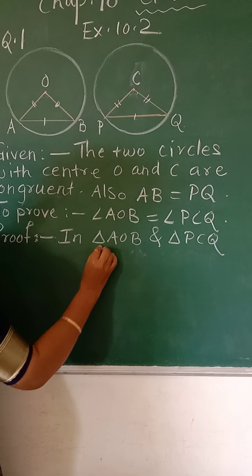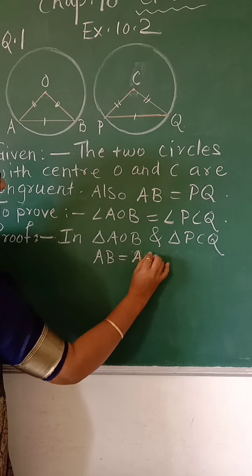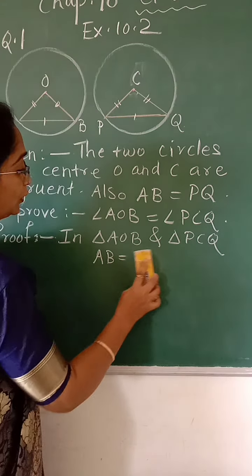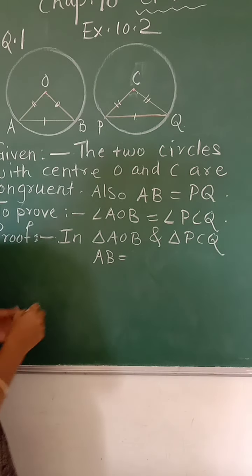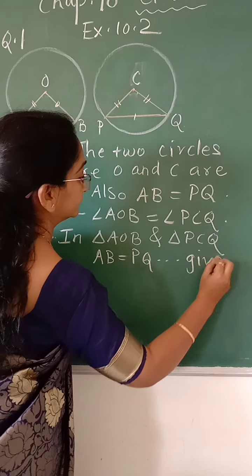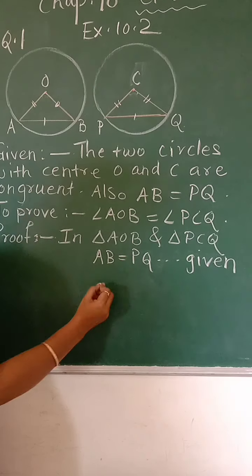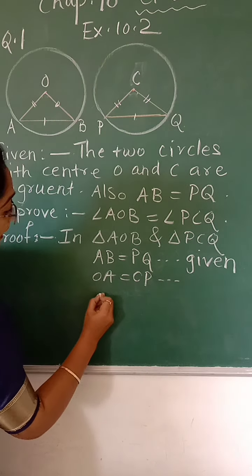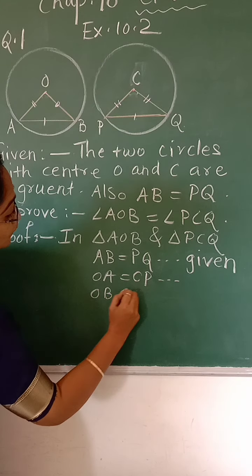AB is equal to PQ. It is given. Then next, OA is equal to CP and OB is equal to CQ.